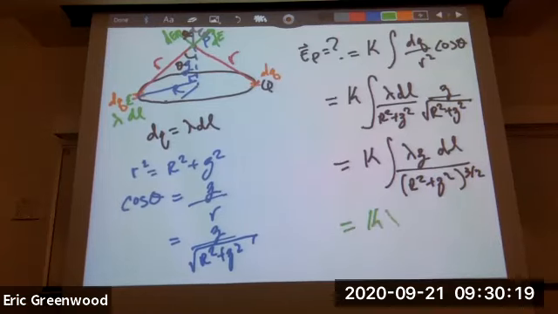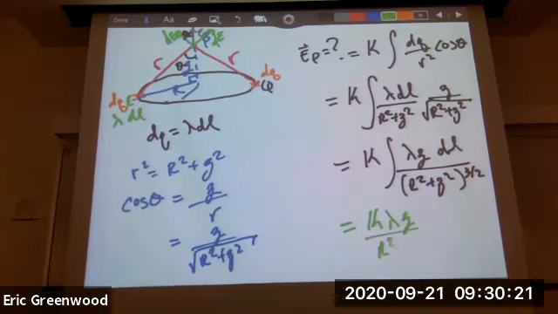So this is actually the same thing as that's it. This is one of the easiest integrals we're going to do.